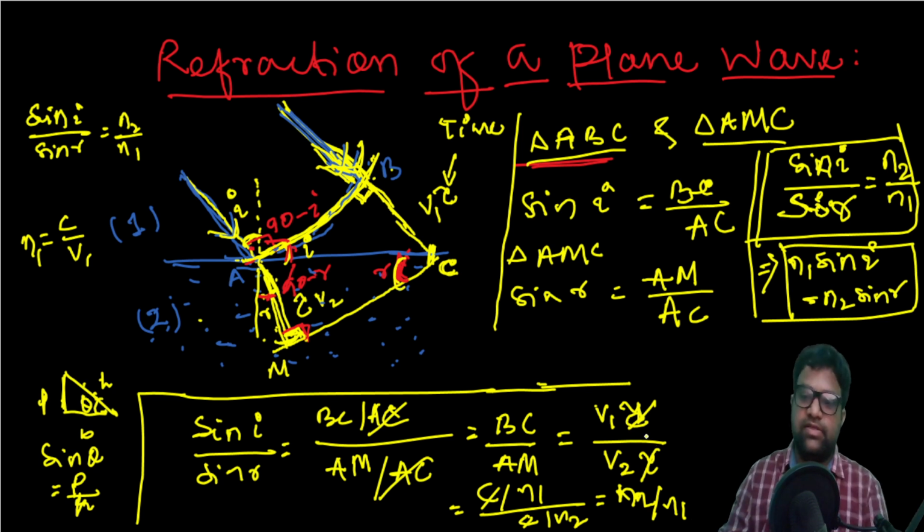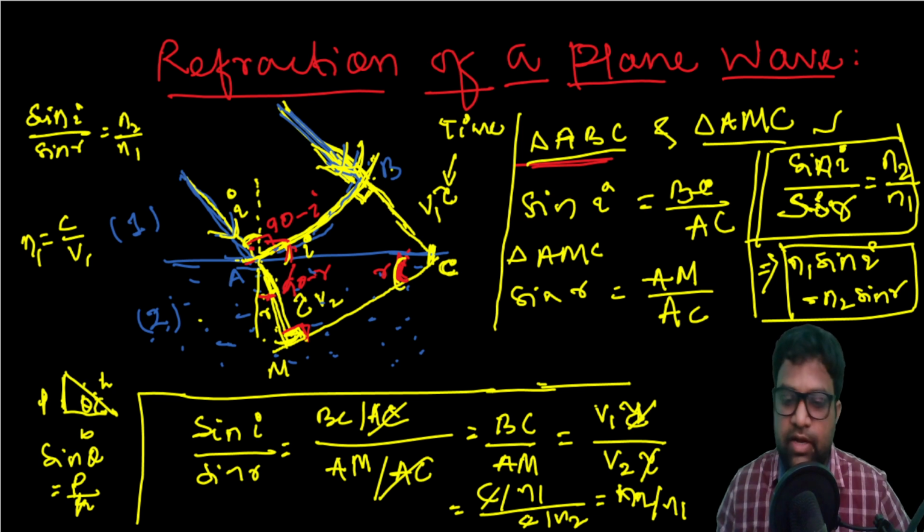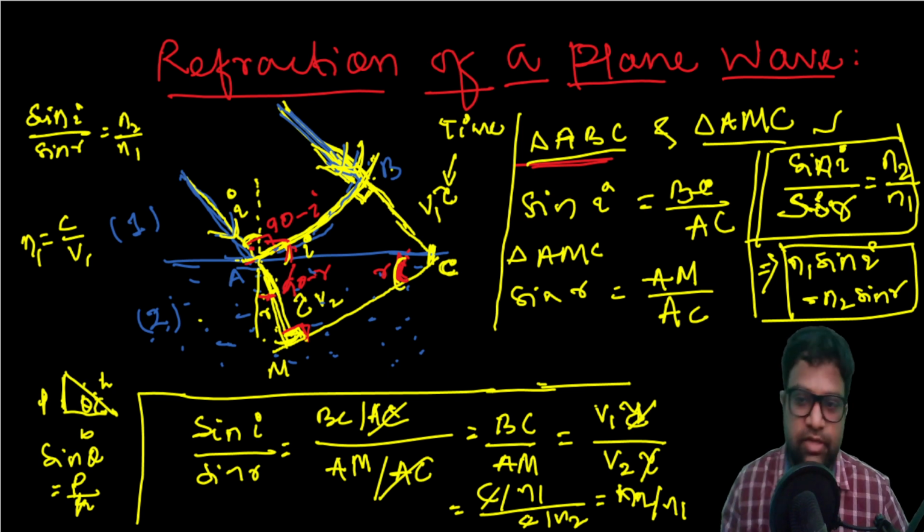So if this is obeyed by the plane wave, definitely it is obeying the law of refraction, and hence plane wave also exhibits and obeys the law of refraction, and this is the proof.